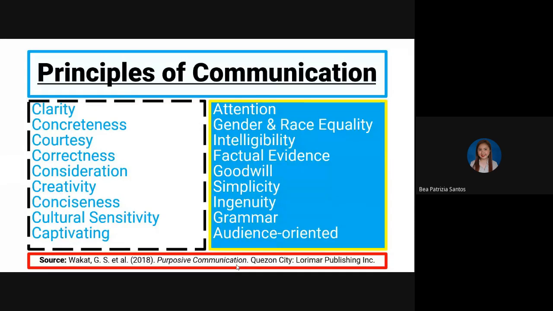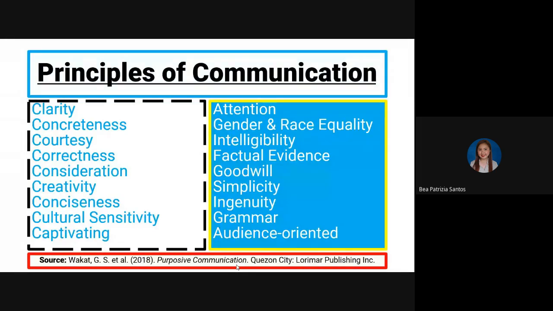Let's have the third one. Courtesy. What word on the right, on the blue box, can we associate with courtesy?